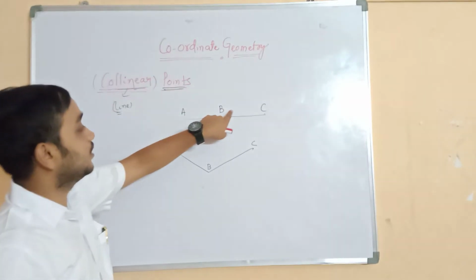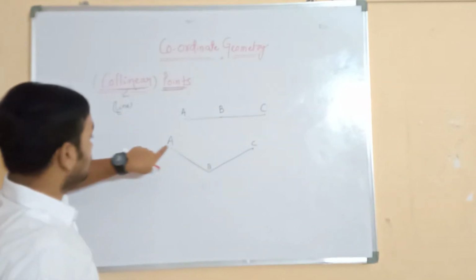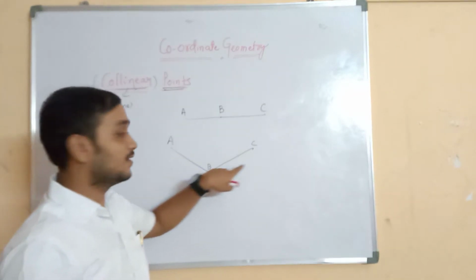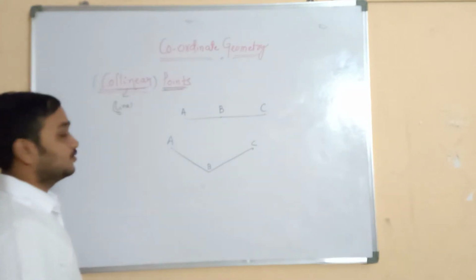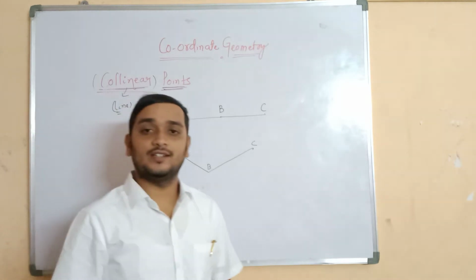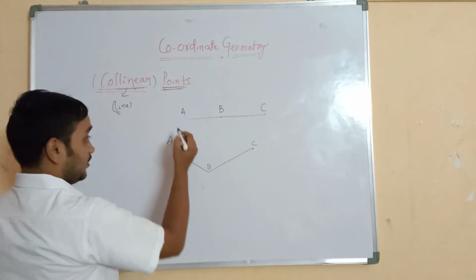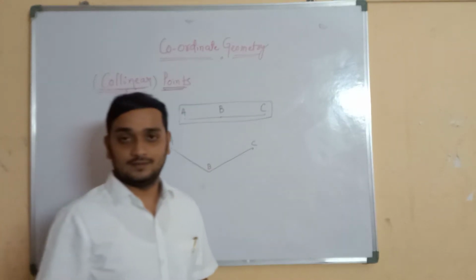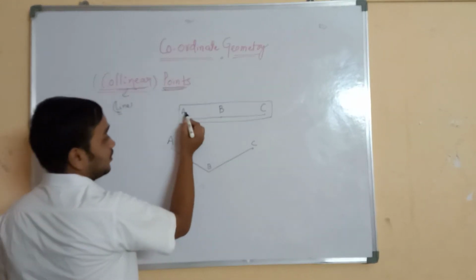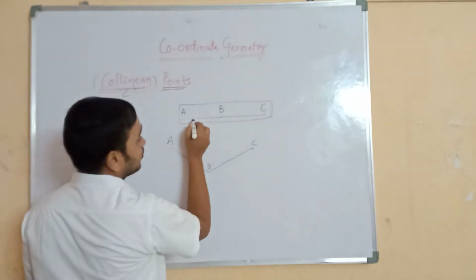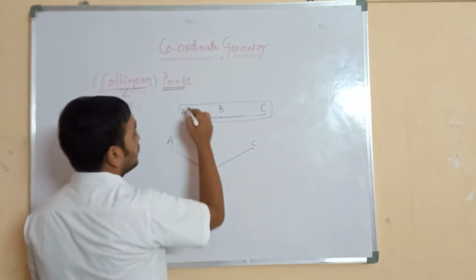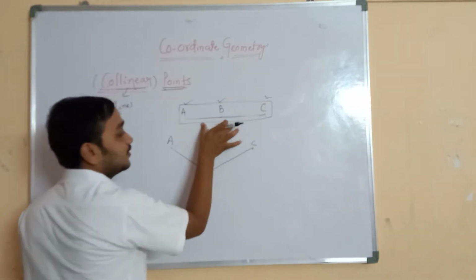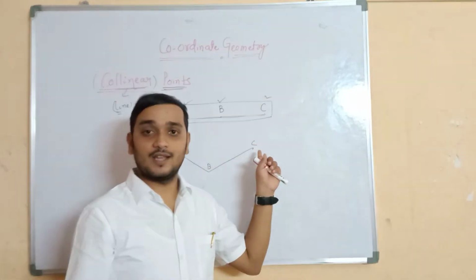A, B, C. Can you tell which is the collinear? See, these 3 points are on a line. That means A, B, C on a straight line. These 3 points are indicated on the same line.